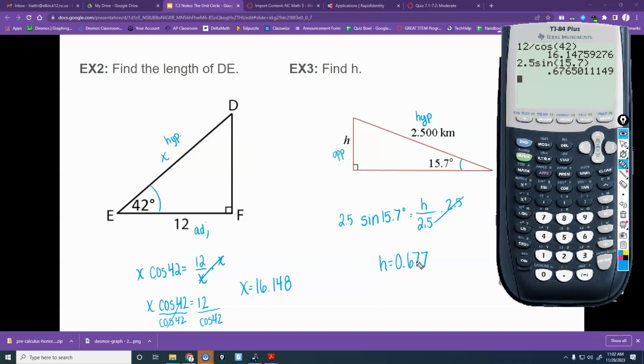Okay, so you do this number on the outside first? That one, the degree always.